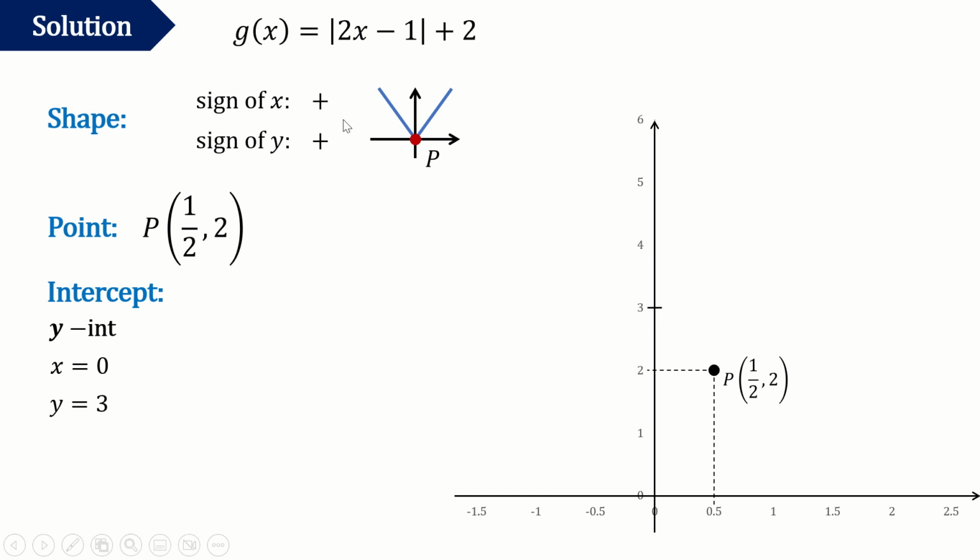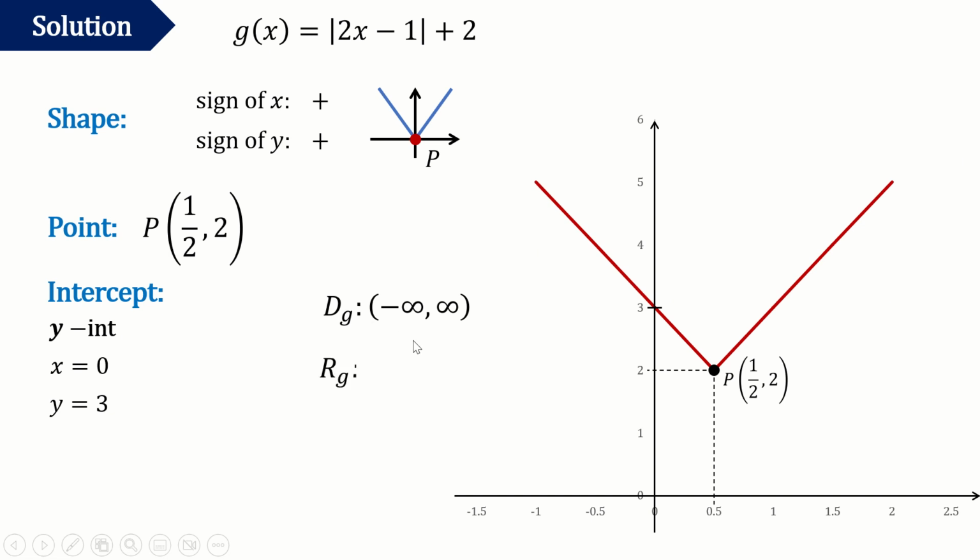And then we put the V shape, so the graph will be like this. So this is the graph for the function g. And then we can determine the domain and range. The domain is from negative infinity to infinity, and the range is from 2, from the bottom here, which is 2, upward to infinity.